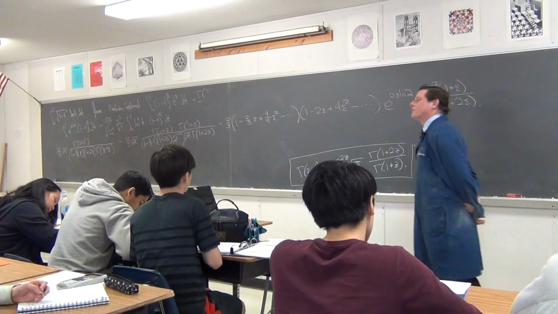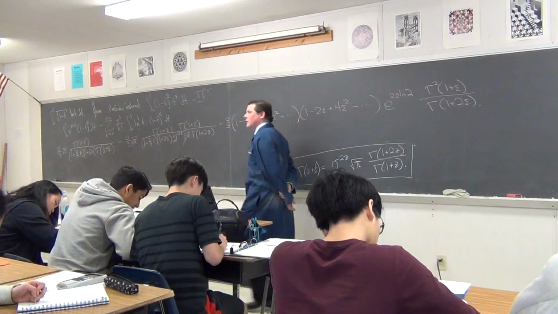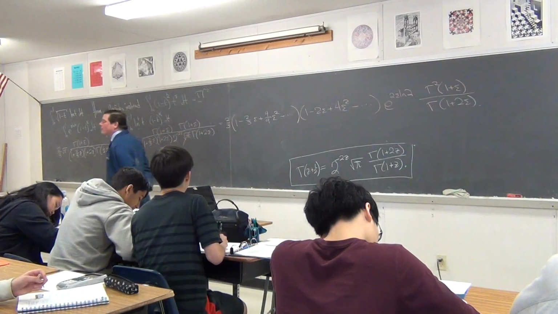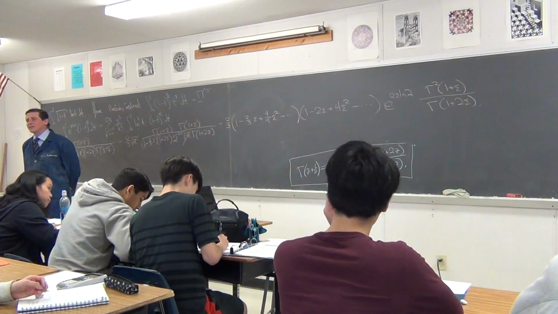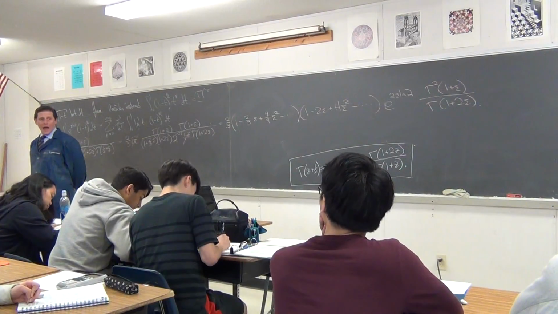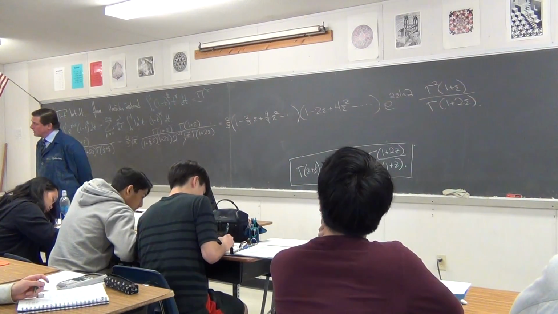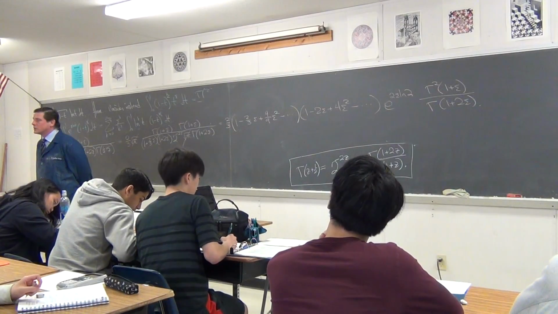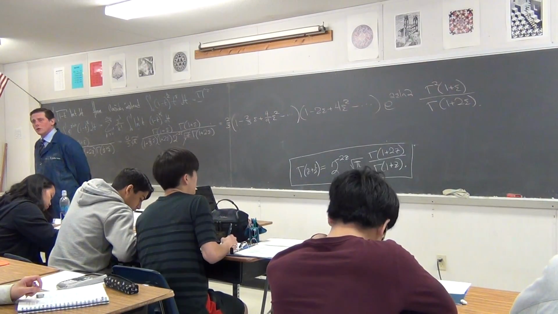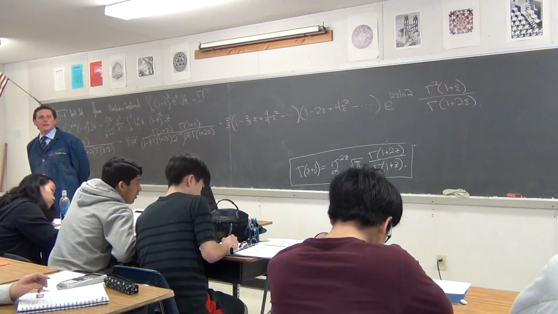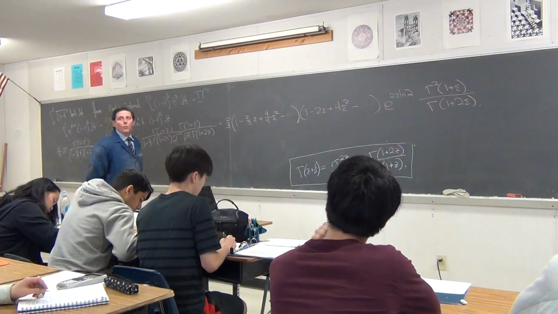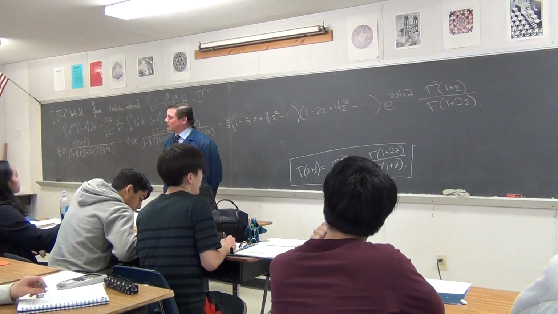Now, here's something wonderful that happens. Remember how awkward it has been that our gamma function Taylor series has really been a Taylor series for the natural log of gamma. So that means that in order to get gamma, we have to exponentiate that series.